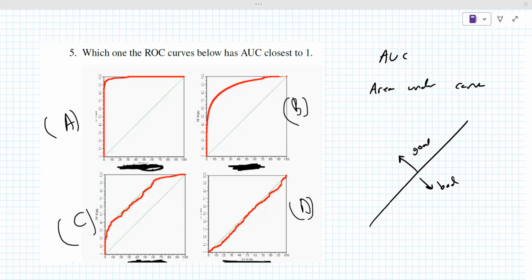I think that's what I remember, but let me see. Yeah, I think it's the whole area. It's a ratio of the whole area to the whole box, or what's under the curve versus the whole box.